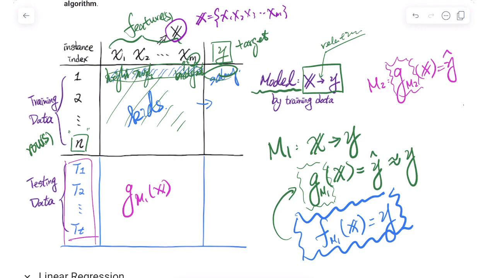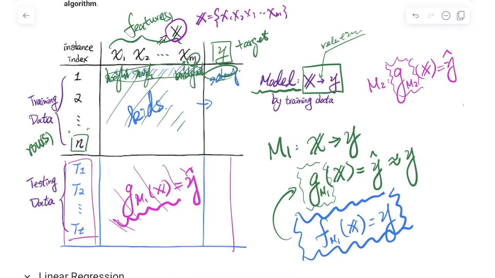We use this training data to help us find an appropriate model. After that, we collect the testing data and input it to the model we generated from the training data set, and then we can output its y hat.